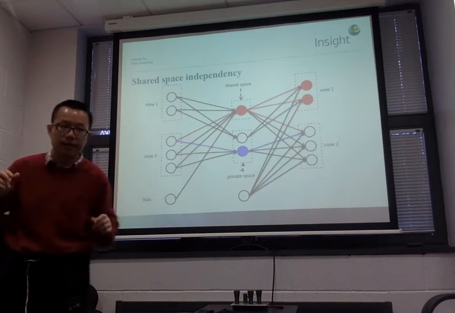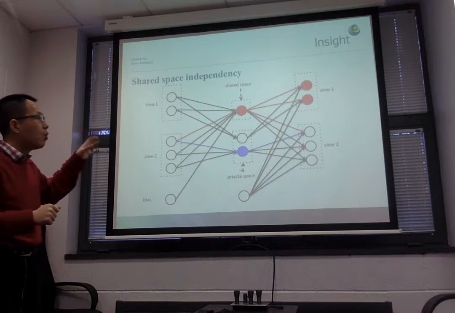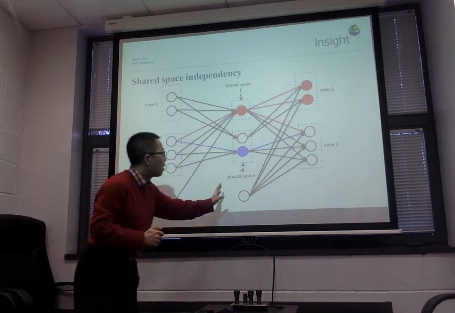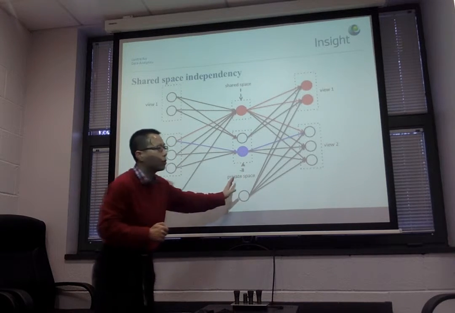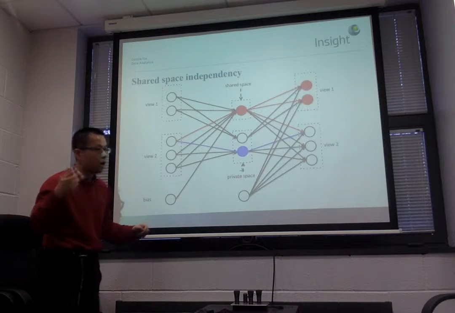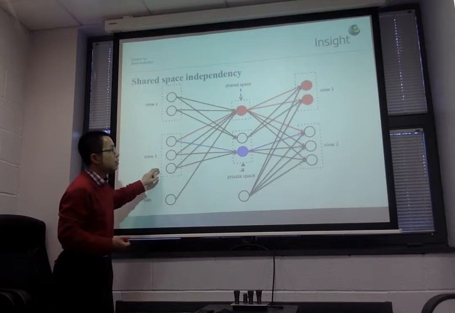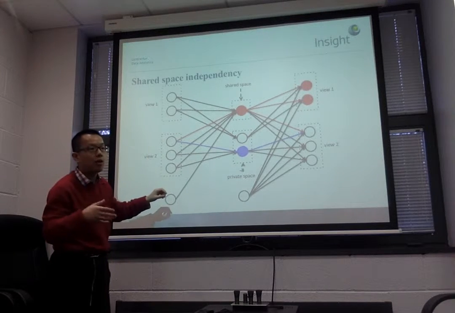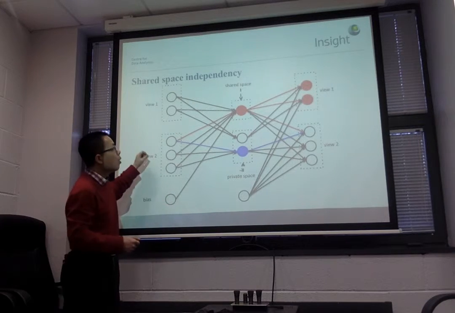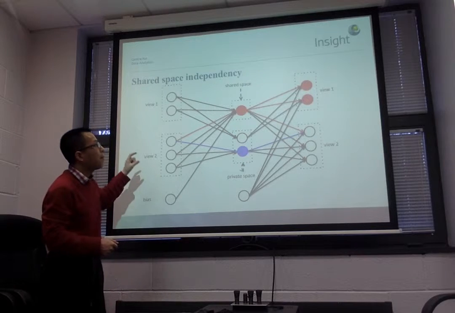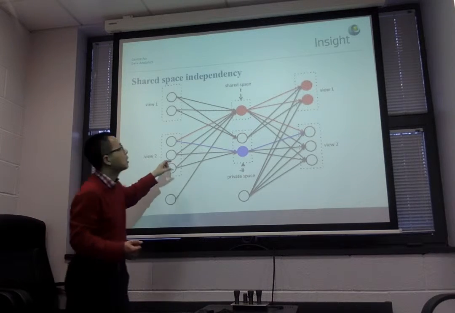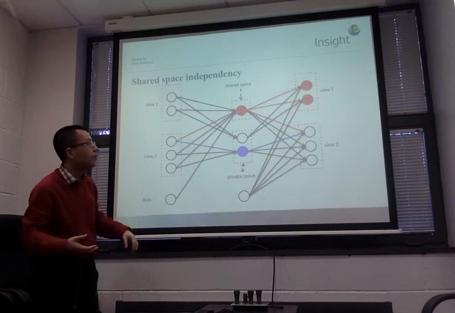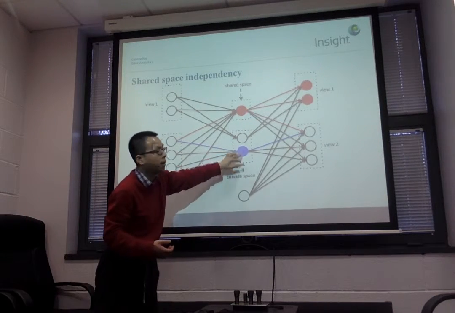Just to recall what we want from this model. First of all, we want this to be a representation. Second, remember our two principles: both views have some information which is consistent, and they have their own private information. We want their public, or shared, information to go this way, and we want their private information to go this way.